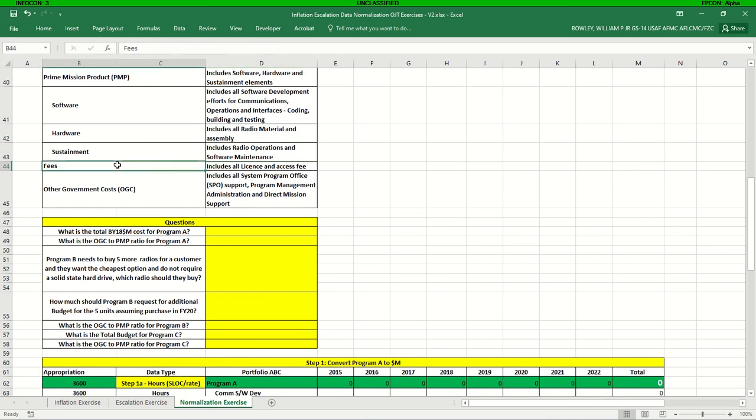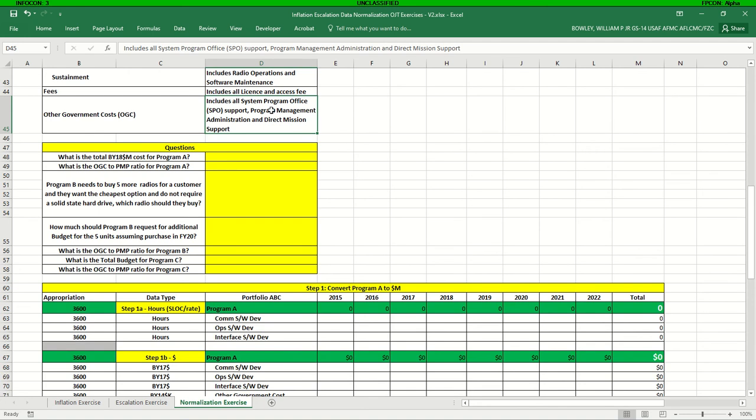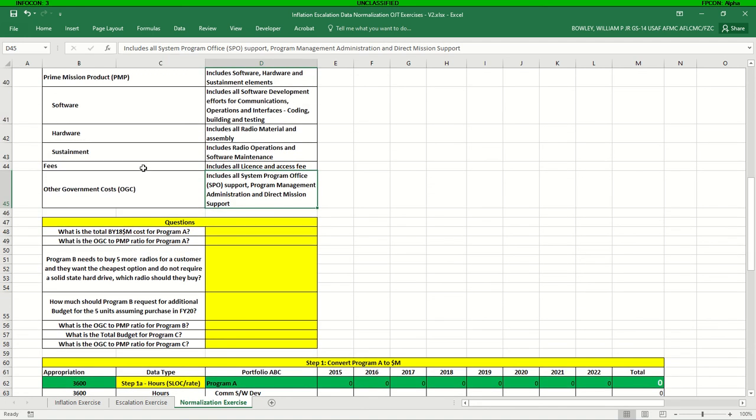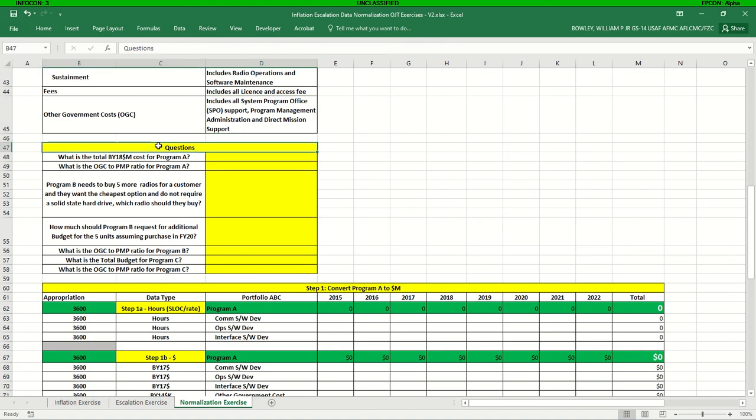We've got a fees element, which includes licenses and access fees. And then the other government cost element, which includes things like system program office support, program management administration, and direct mission support. So again, this dictionary will become relevant as we work through the questions at the end of the exercise.